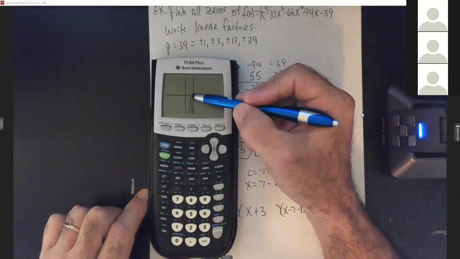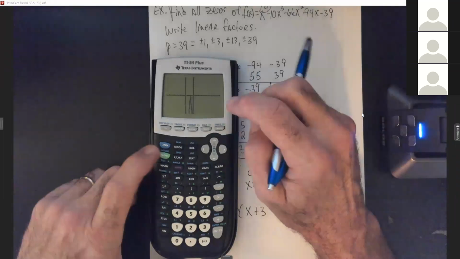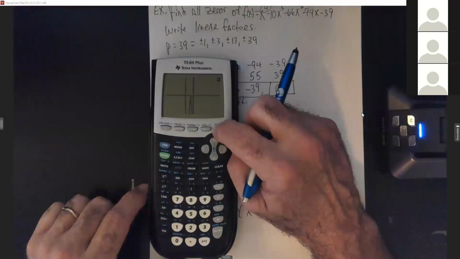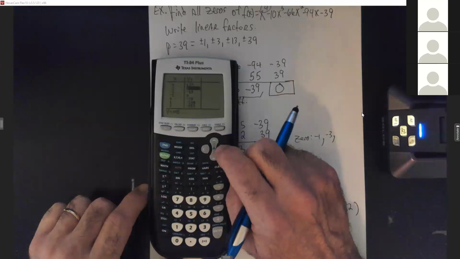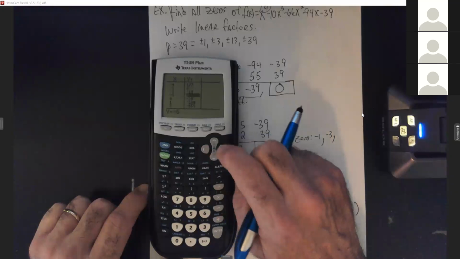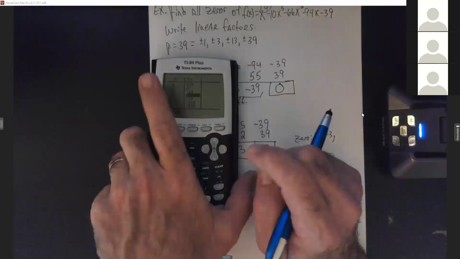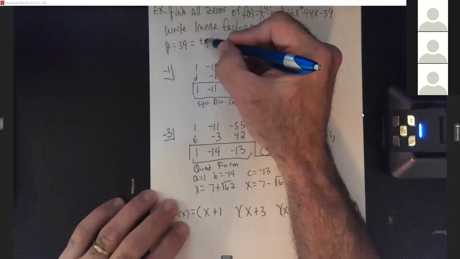And then over here, it's going straight through the -3 on the x-axis. So if you hit the table by hitting second graph, you'll see right here at -3, you see how I got a 0 for the y? And then I'm going down to -1 and I got a 0 for the y. That's the easiest way to do it. Otherwise, you would have to try every number until you got 0 remainders.